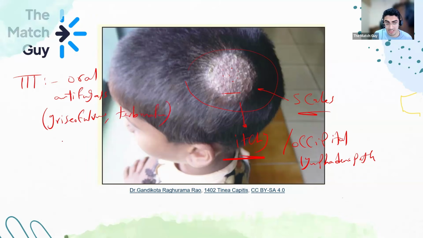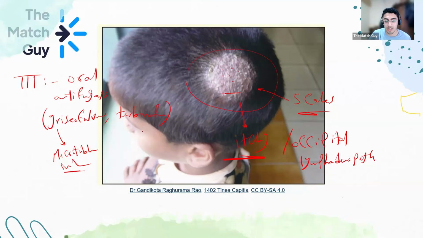Can someone tell me what is the mechanism of action of griseofulvin? Oh my God, amazing. So microtubule inhibition. So microtubule is important for the fungal division. Okay. So if we stop this, we won't be making any fungal division. All right.